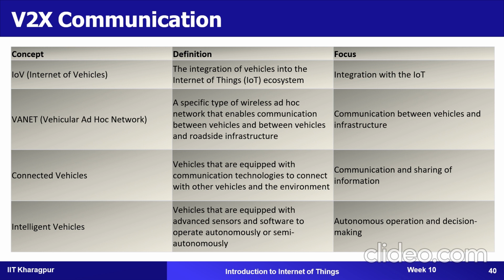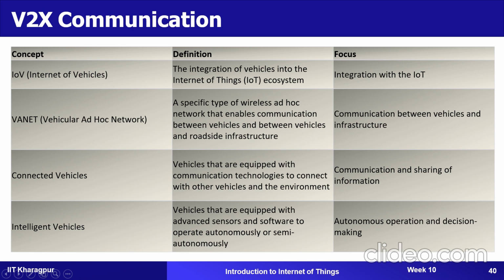Next one is your VANET. It is a specific type of wireless ad hoc network which makes the communication between different vehicles possible, or vehicle to the roadside units. So it is the network. Next one is your connected vehicle.